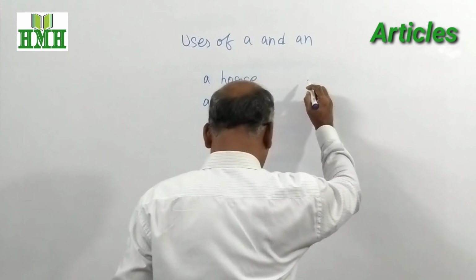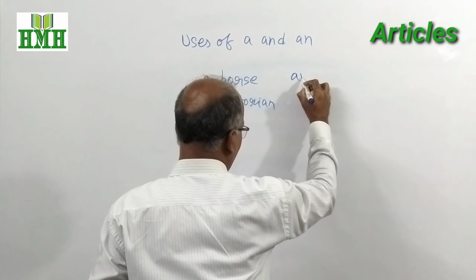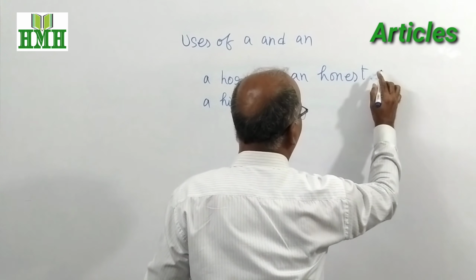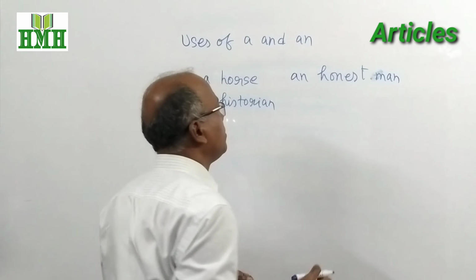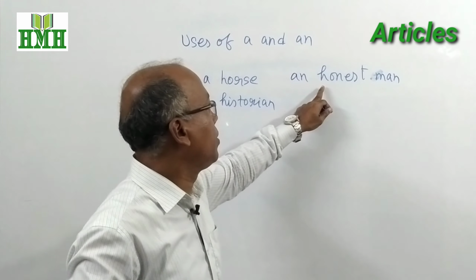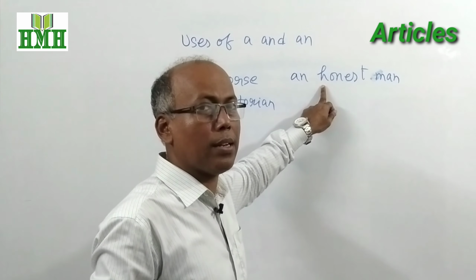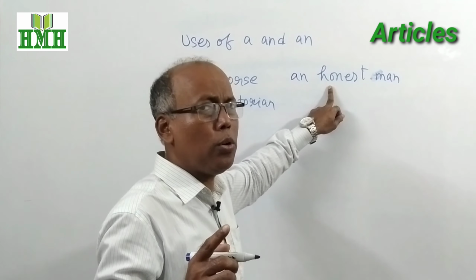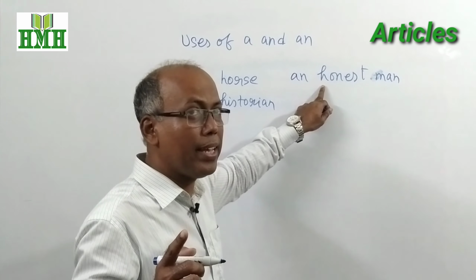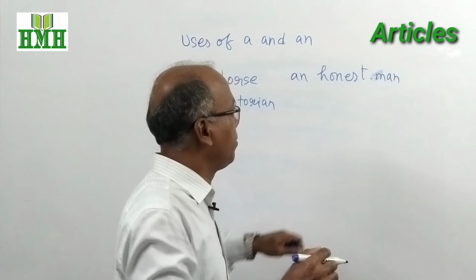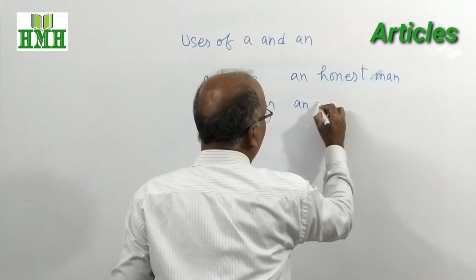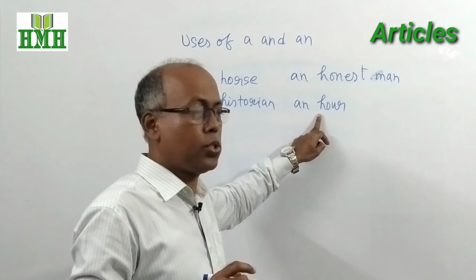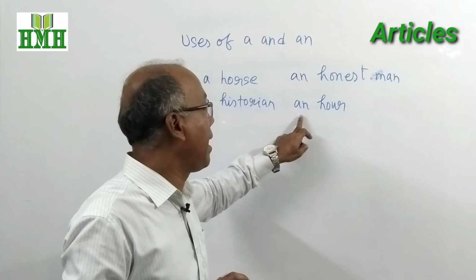But an honest man. H is not pronounced here. H remains silent. So, an honest man. An hour. Here also H is not pronounced, so we shall use an hour.